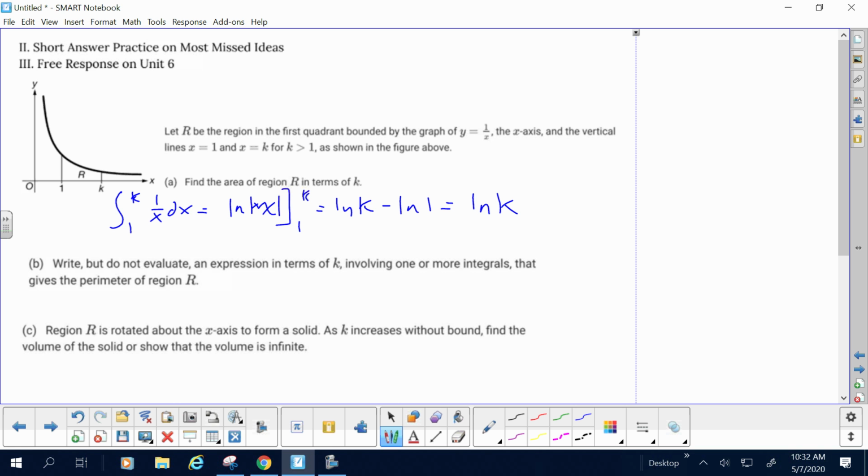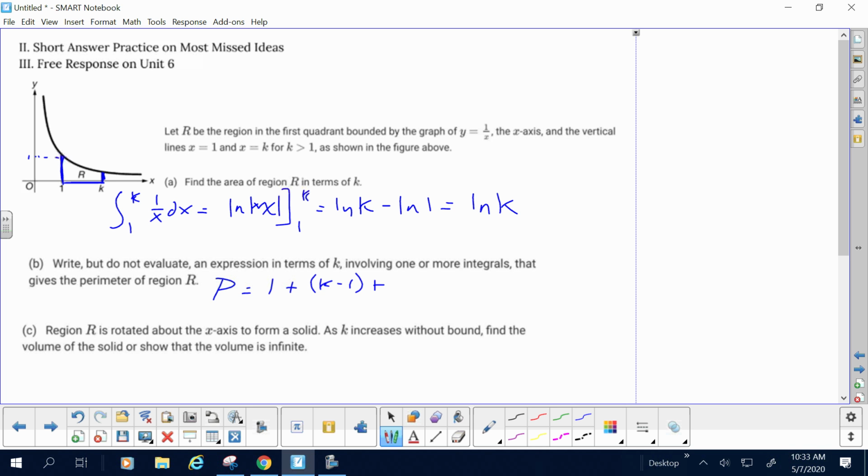My answer to the perimeter question was, let's just take your pencil and walk around it. What's that length? Well, if this is the 1 over x curve, this has to be 1. This is just a distance between k and 1, so it's k minus 1.